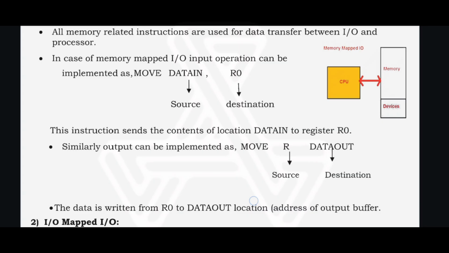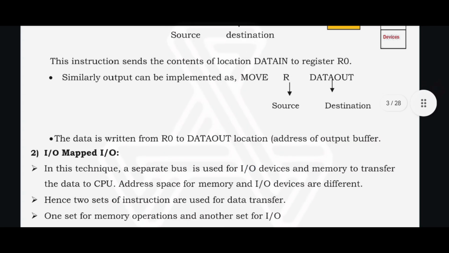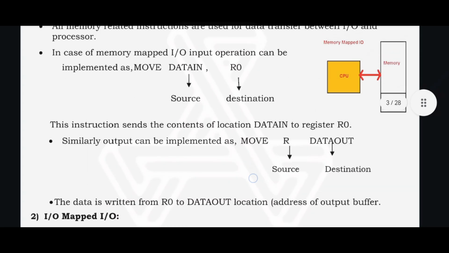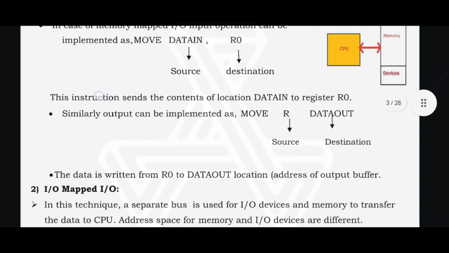Similarly, output can be implemented as Move R0, DATAOUT, source, destination. The data is written from R0 to DATAOUT. Location: address of the output buffer.